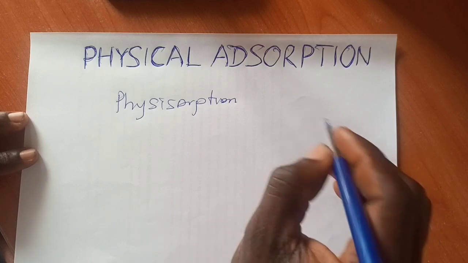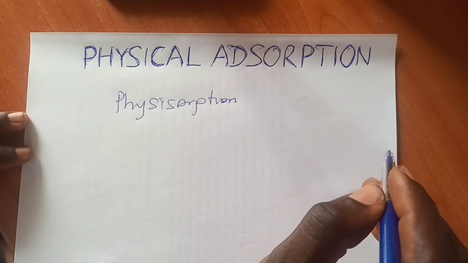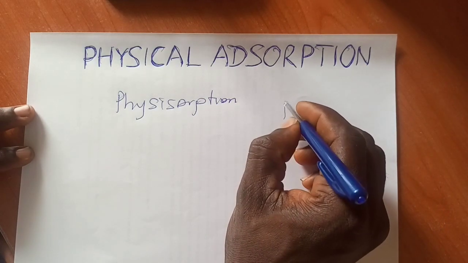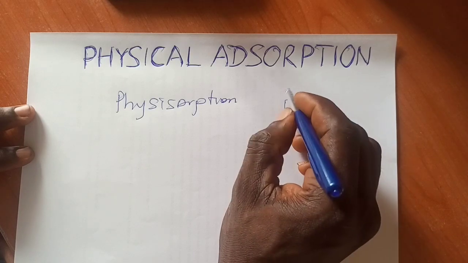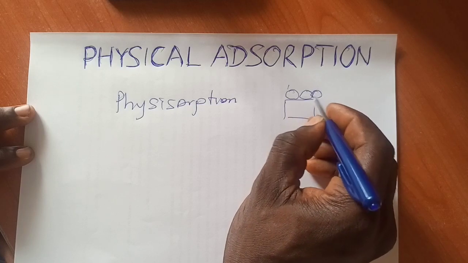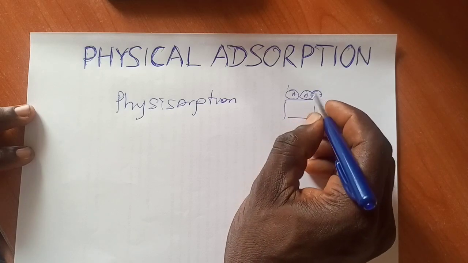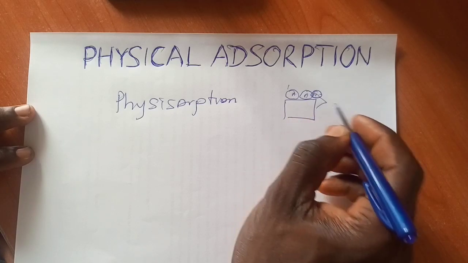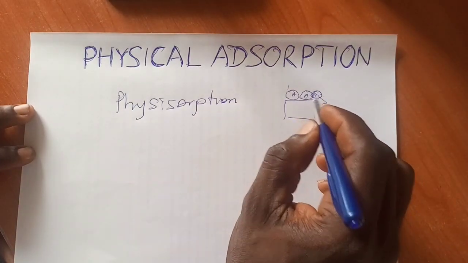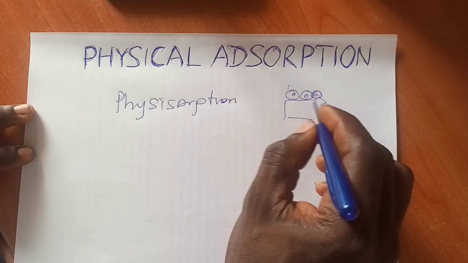Adsorption is simply the adhesion of molecules, gaseous or liquid molecules, on the surface of a solid. You have a solid surface like this, and there is a gaseous or liquid molecule on the surface of this solid. We call this process adsorption: the adhesion, the concentration of molecules on the surface of a solid.